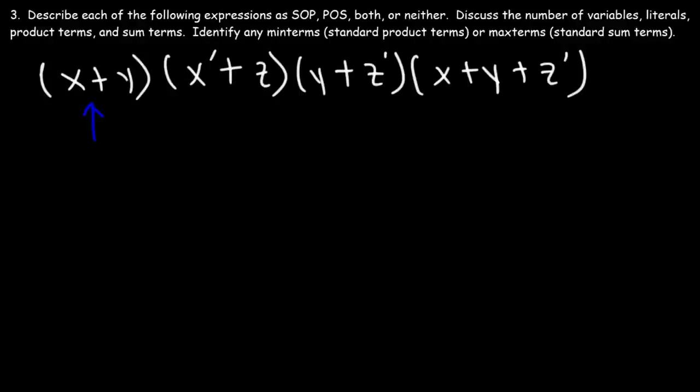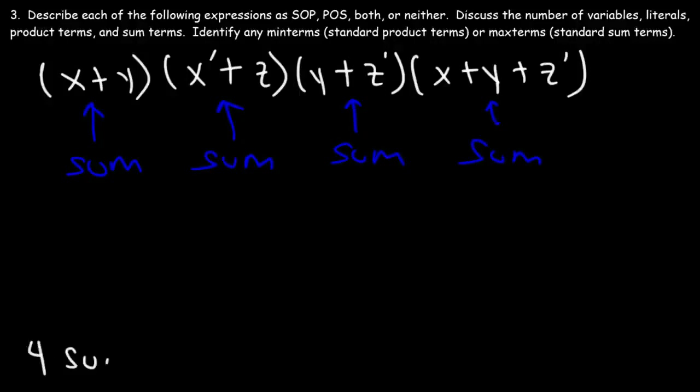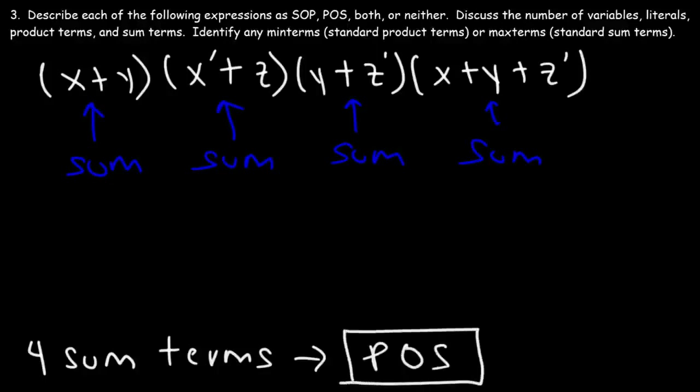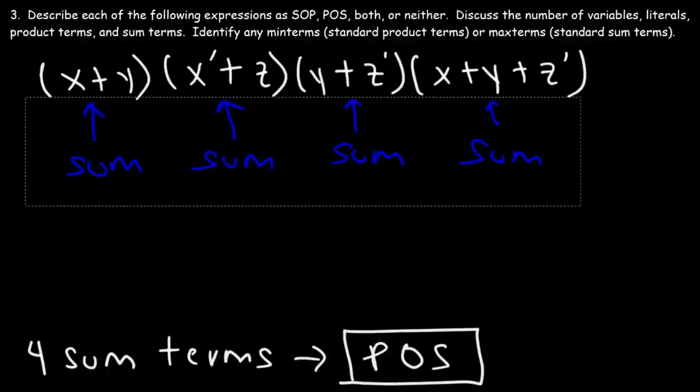So x plus y, this is a sum term. X prime plus z is also a sum term. So notice that we have a total of 4 sum terms, and each of them are multiplied to each other. So this is going to be a product of sums expression. We have the product of 4 sum terms.